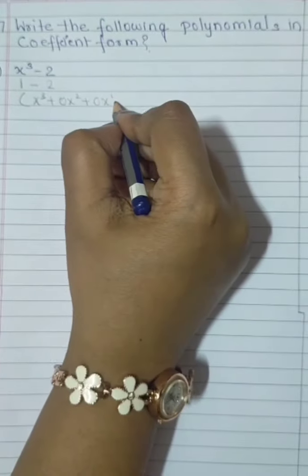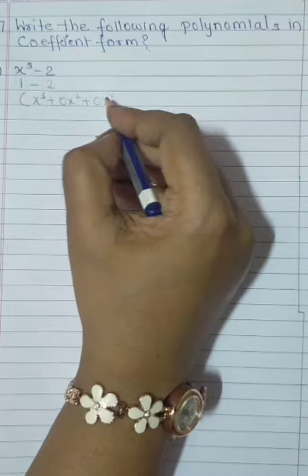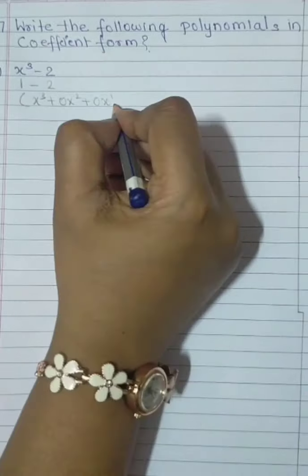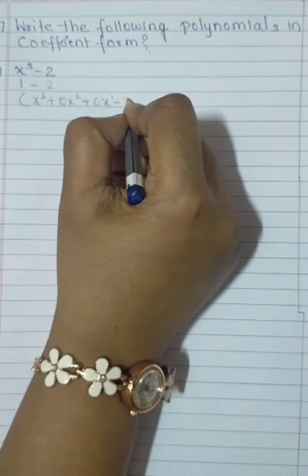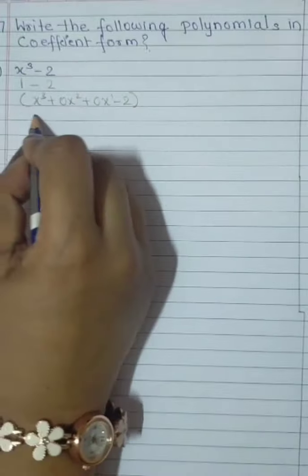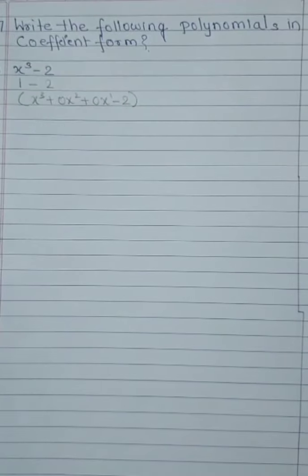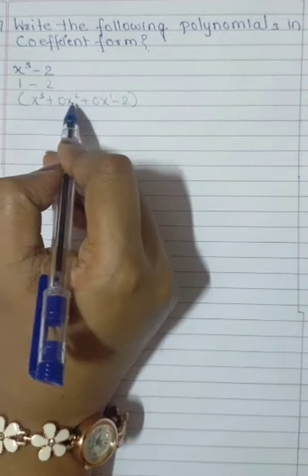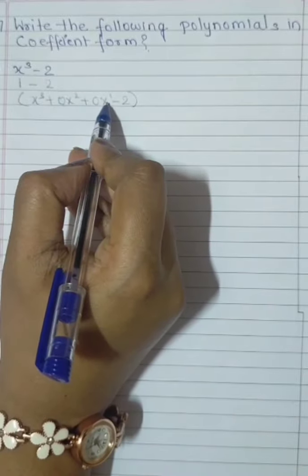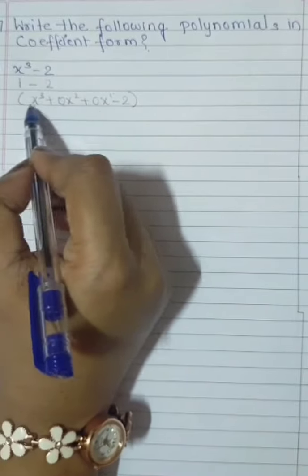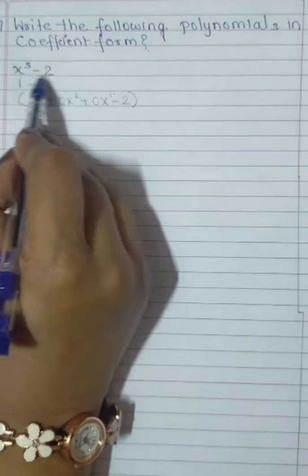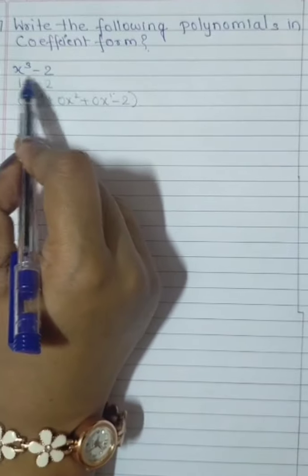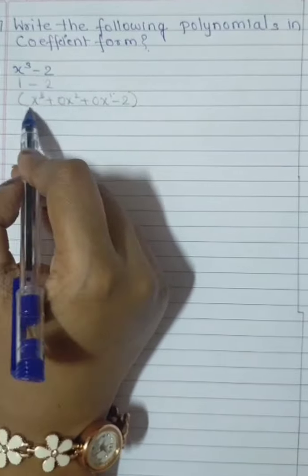There is no need to write the 1, but I am writing it so that you understand. Then minus 2. So we have written x cube plus 0x square plus 0x plus minus 2, where the missing orders in between are written.